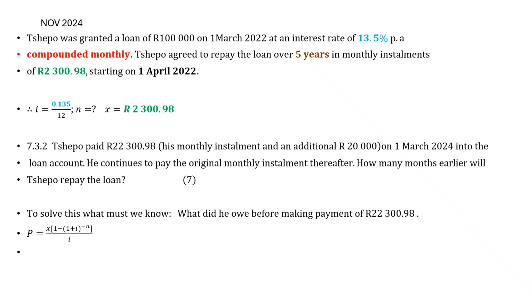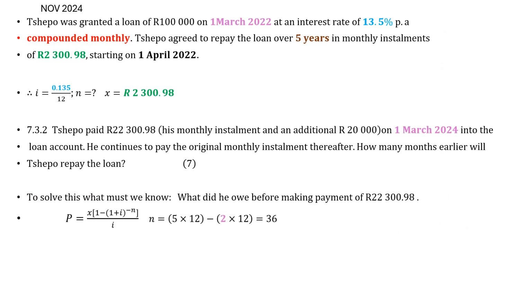Alright, so if we look at the time period, initially he was planning to pay for 5 years, so 5 times 12 gives me 60, minus the time from 1st March 2022 to 1st March 2024, that is 2 years.